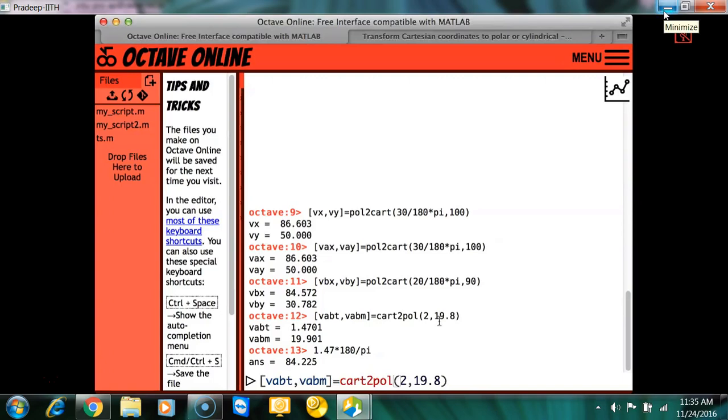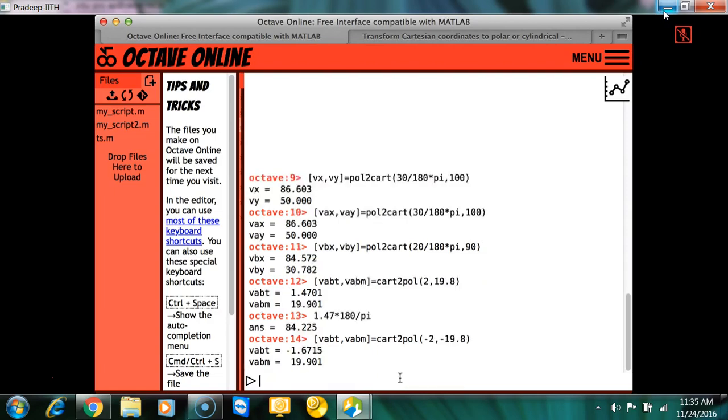I'll do the same calculation, but this time I'll use minus here and minus here. I'm getting the magnitude is same, just the angle becomes a negative angle. So that one is minus 1.6715. I'll convert to polar, multiplying by 180 divided by pi.